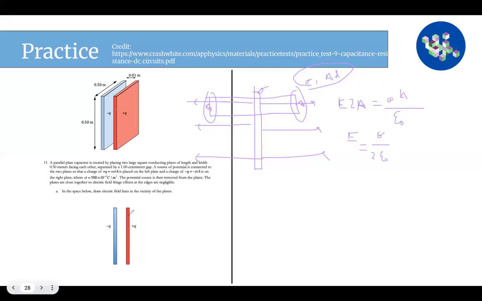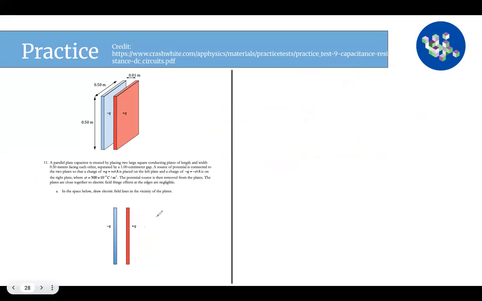If I look at this plate over here, it's going to produce electric field lines that way. If I'm looking at a point over here, due to this plate there'll be an electric field pointing in that direction.